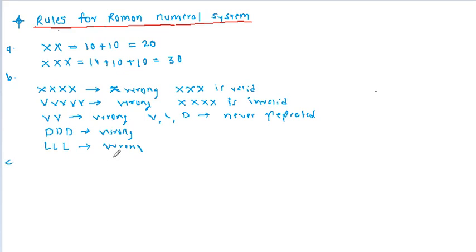The third rule says if a smaller value is written to the right of a greater value symbol, its value gets added. It means if we write triple I to the right of V, V is for 5 and I is for 1, then the value gets added. It means 5 plus 1, 1, 1, so we get 8.